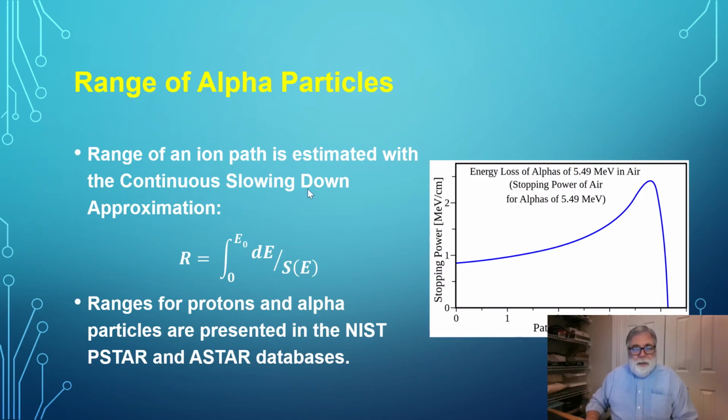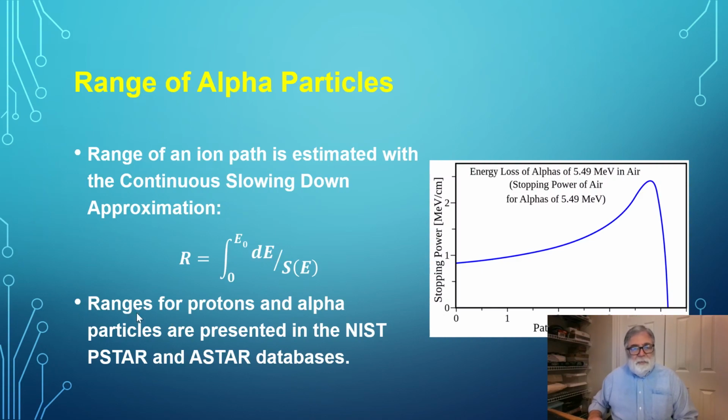And so the range is the integral of dE divided by dE/dx over the entire range of energies that it has. It starts off with E0 and ends up at 0. That gives us the range of the charged particle in matter.